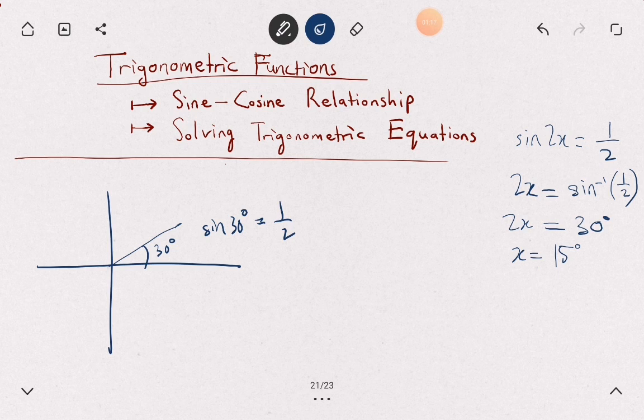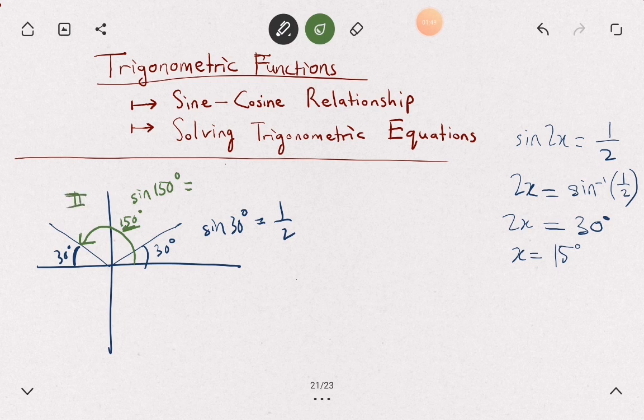But at the same time, if this is 30, how about this angle? So this will be 150, right? 180 minus 30. And what is the sine of this angle? So sine 150. If you remember from the last video, we said that this is in quadrant 2.